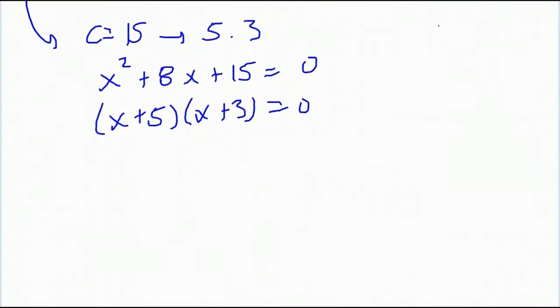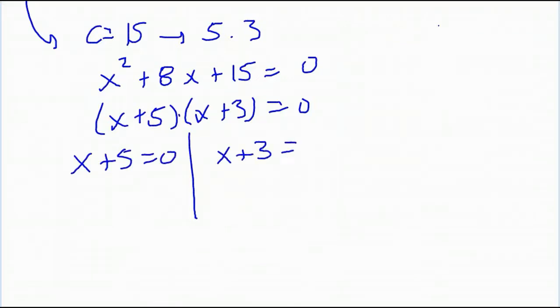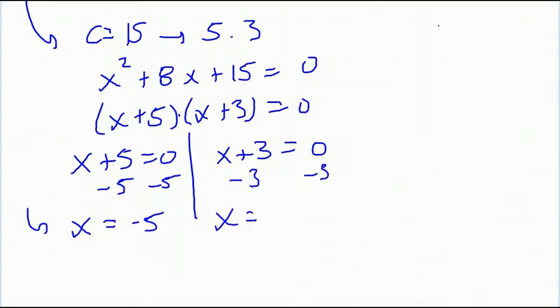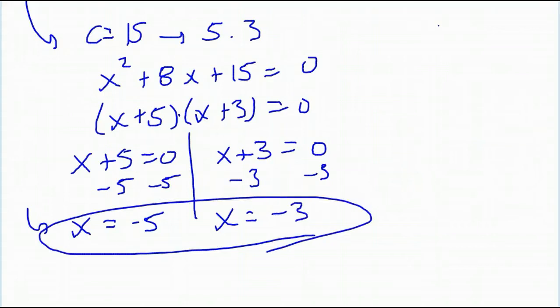Still, remember, we're setting that equal to 0, so we can conclude that two things multiplied together can be 0 if and only if one or both of those factors are 0. In this case, x plus 5 could be 0, or x plus 3 could be 0, giving us x could be negative 5, or x could be negative 3. So for this quadratic equation, we have two solutions, negative 5 and negative 3.